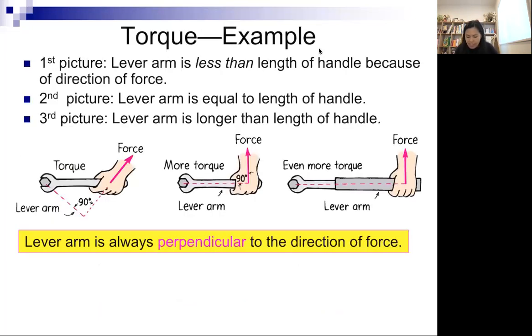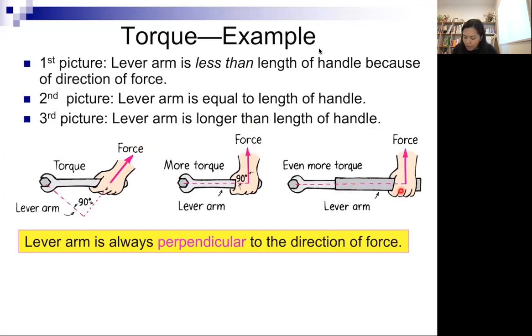Okay, so here's an example for determining torques and moment arms. Here you have wrenches. In the first case, you're pulling on the wrench with a diagonal force at an angle. In the second case, you're pulling directly upwards on the wrench.